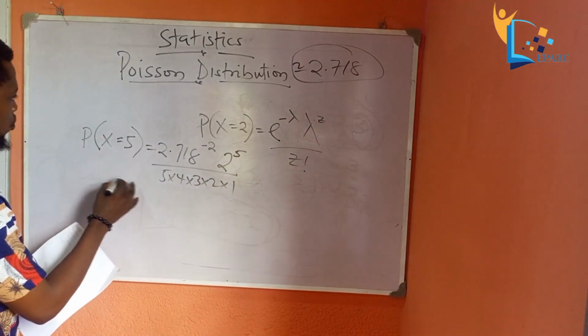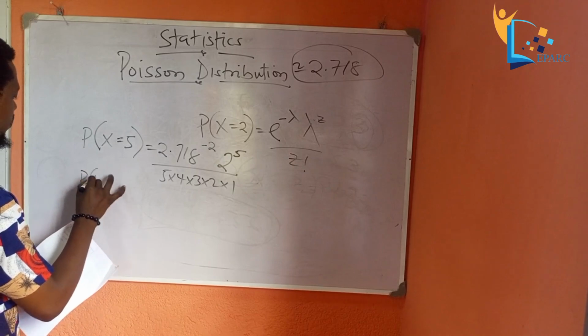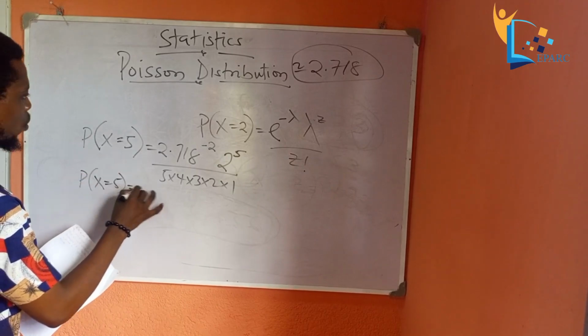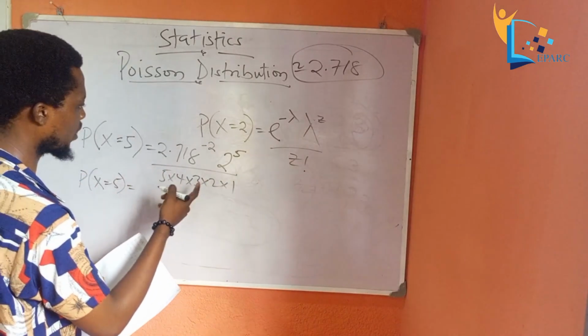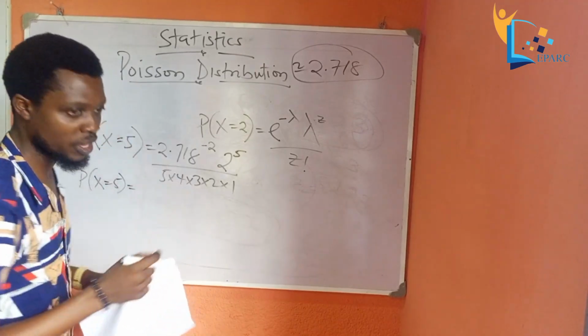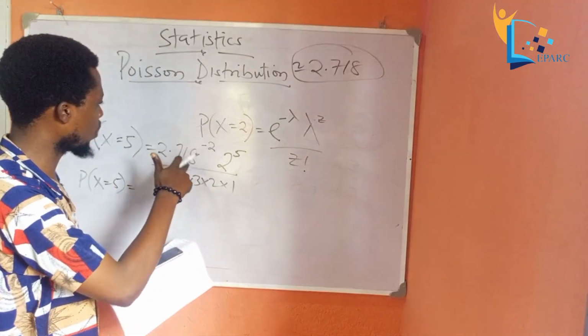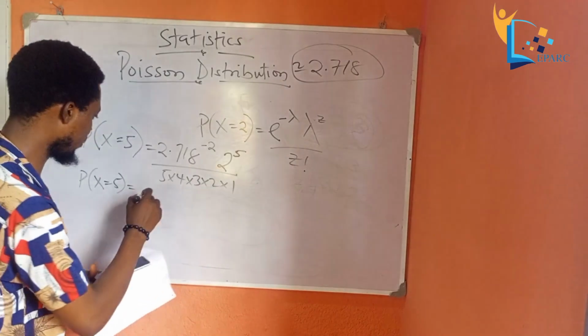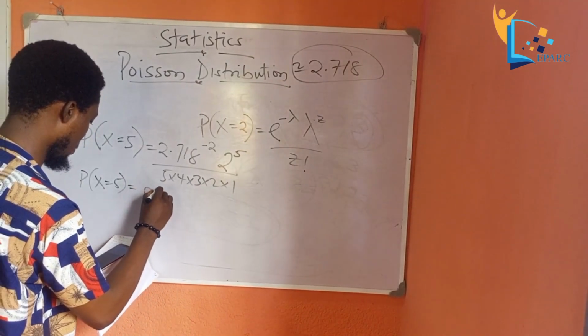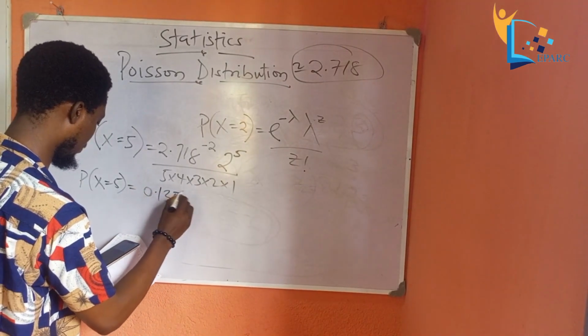Okay, so let me use the calculator now. 2.718 raised to the power of minus 2 will give us 0.135.